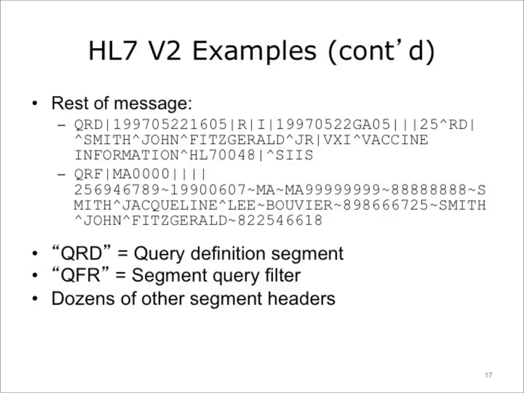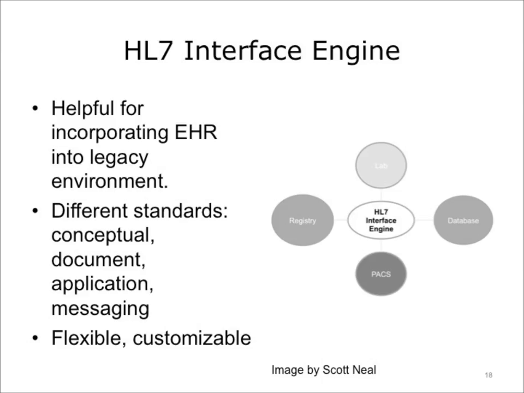There are dozens of other segment headers that you will encounter as you work with HL7 messages. Many EHR systems and other healthcare tracking systems have made the shift to integrate HL7 standards into their software coding. However, as stated earlier, some legacy systems still have no way to interpret HL7 messages.